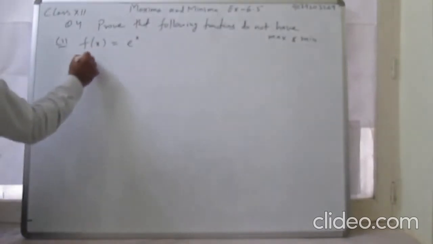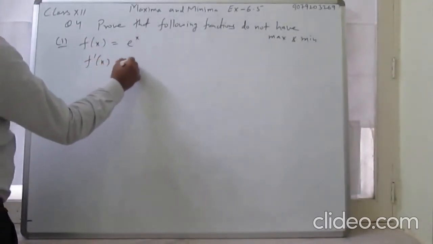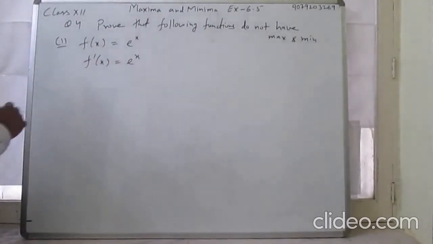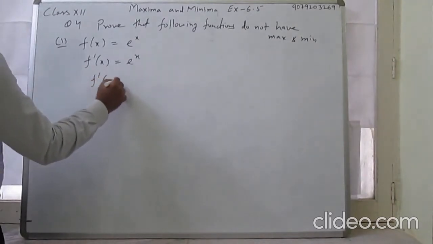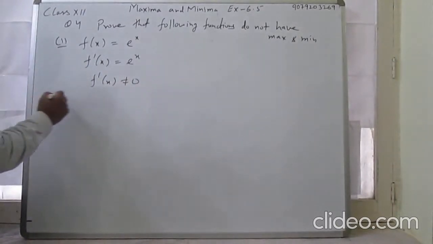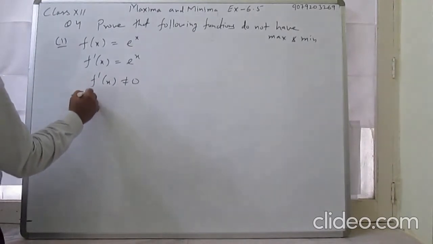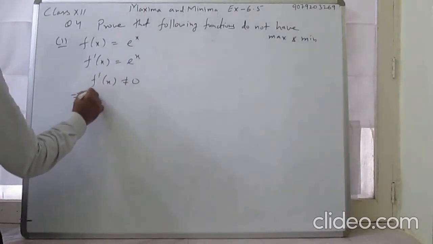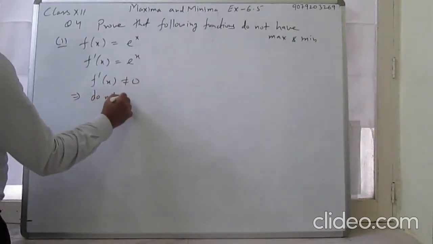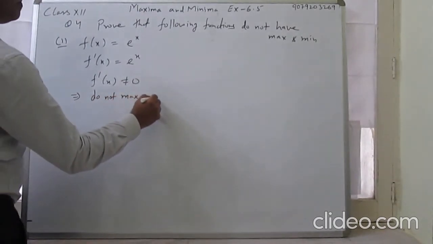So see here, f dash x is equal to e to the power x. This means f dash x is not equal to 0. This implies the function has no maxima and minima.